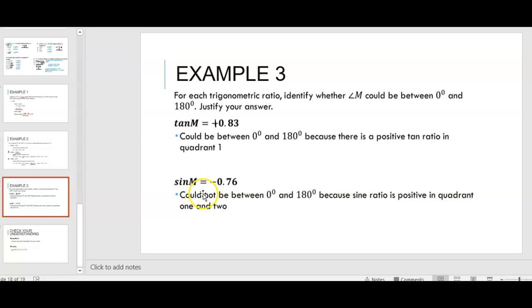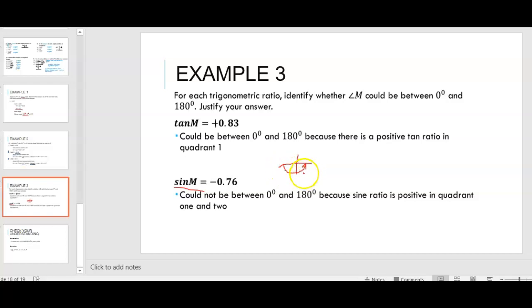Sine of M now is negative 0.76. But what we've seen so far is that sine is positive, and for sine to be positive, the angle will be between 0 and 180. But since this is negative, that means that our angle M is greater than 180. Okay, so it's going to be somewhere between 180 and 360, and we're not interested in that in this course.